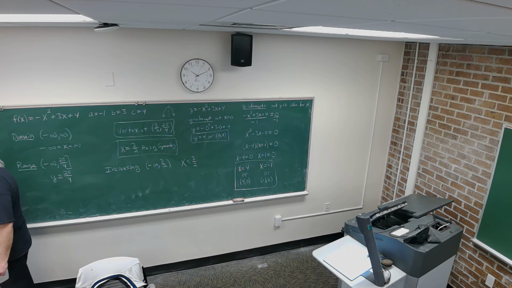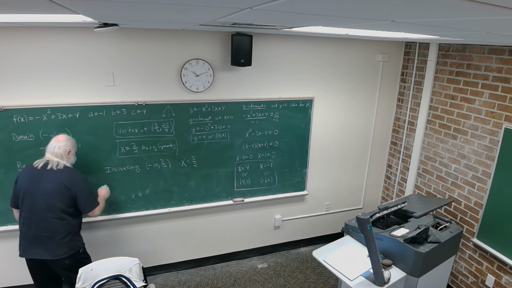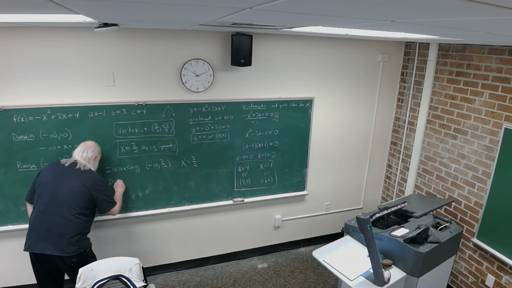And I get to the top of the hill, and I walk downhill forever after that. And where I'm walking downhill, I start at x equals 3/2, and it never ends. So it's from x greater than 3/2, I'm walking downhill. And how do we write x greater than 3/2?